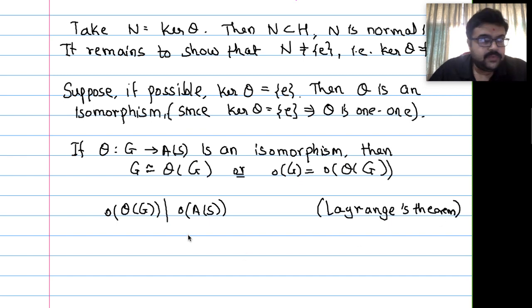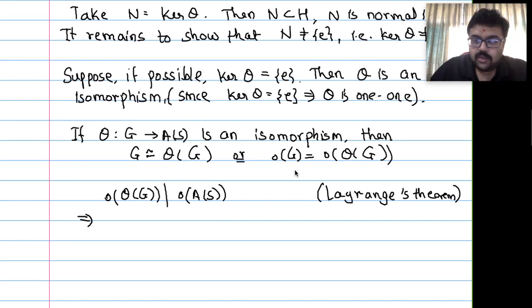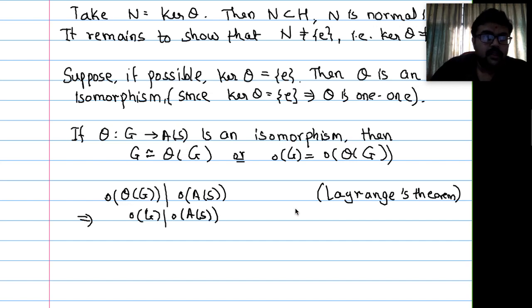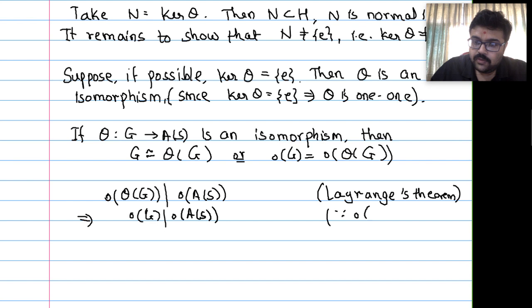So we have order of theta G divides order of AS by Lagrange's theorem, but order of theta G is same as order of G. So we say that order of G divides order of AS. The reason is that order of G is the same as order of theta of G.